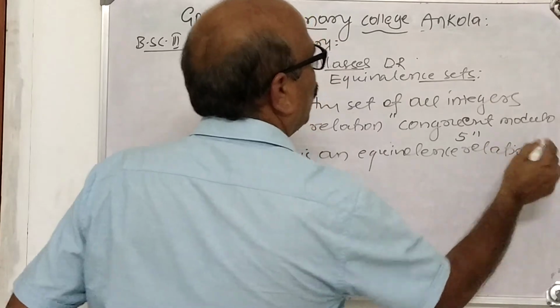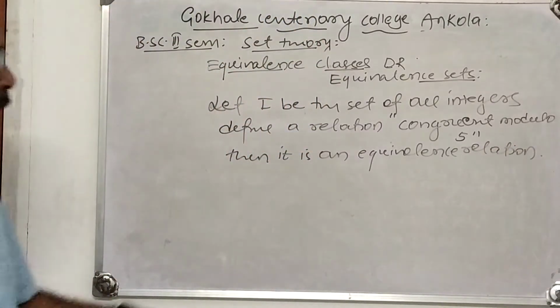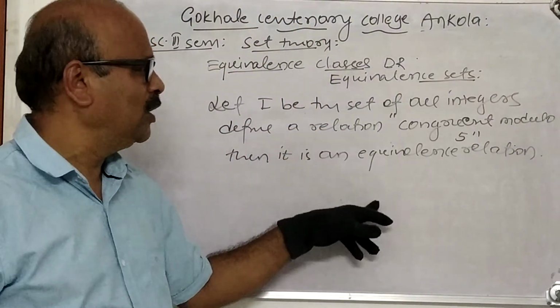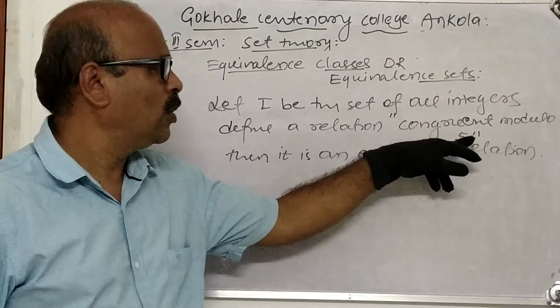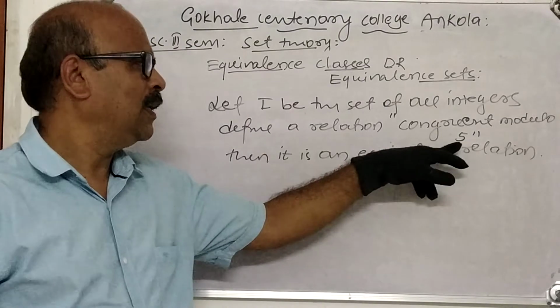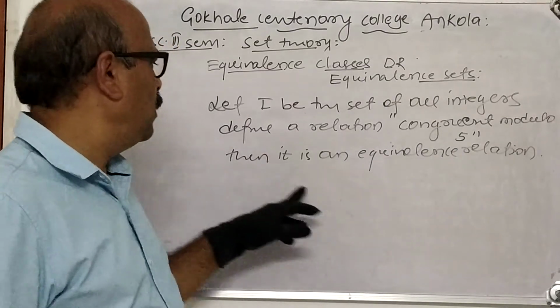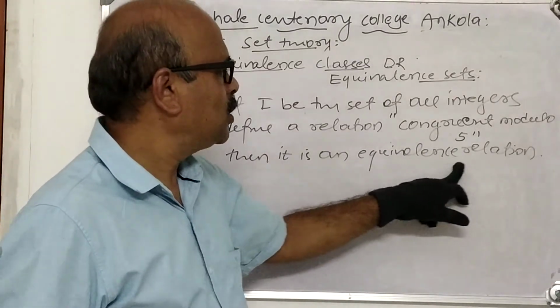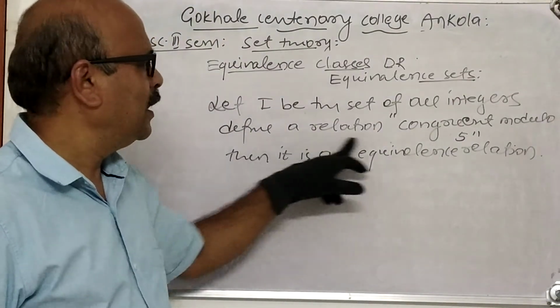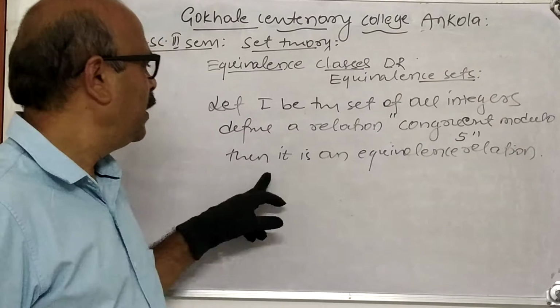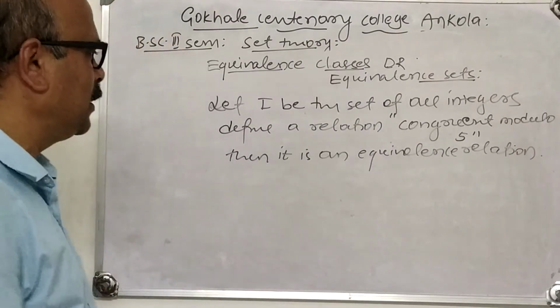This congruent modulo m is an equivalence relation. In the previous video, I put the first example as this one only. Now, this I is the set of all integers and the relation is congruent modulo phi. It is an equivalence relation.